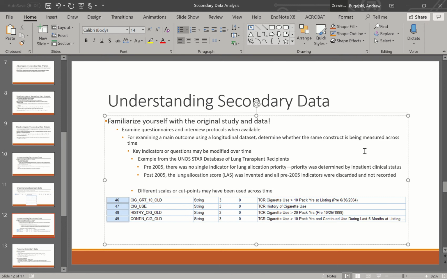And that determined who got a lung when, on top of all the matching stuff. After 2005, when the lung allocation score came in, they stopped recording some of those indices that were important for determining clinical status. In 2005, they just recorded it as a lung allocation score.